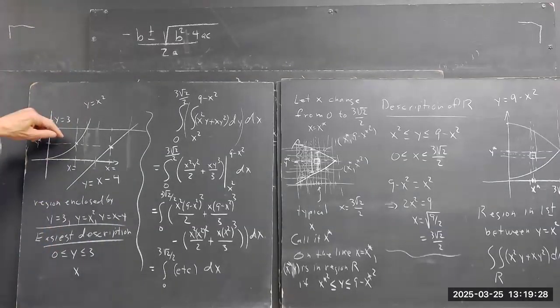Think about it now. On the line, y equals y star, we encounter the graph of y equals x squared at this point.